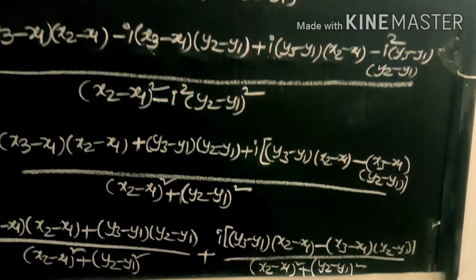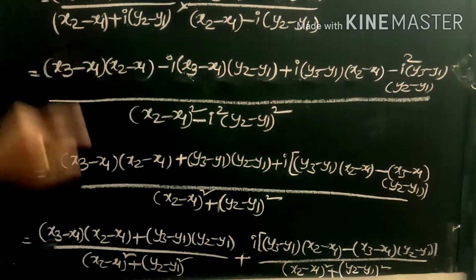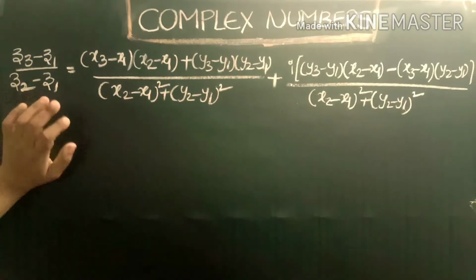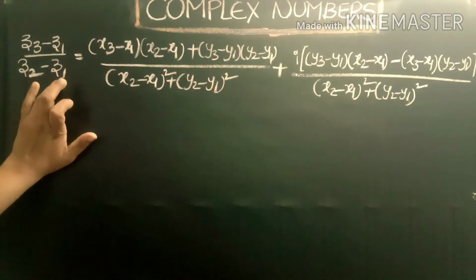Now this is the value of (z3 minus z1) by (z2 minus z1).